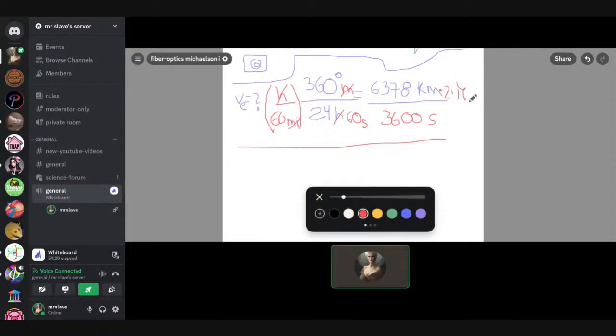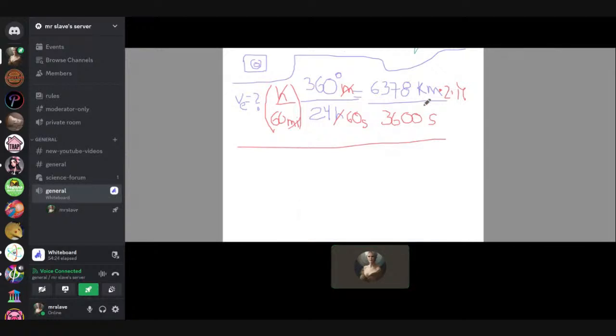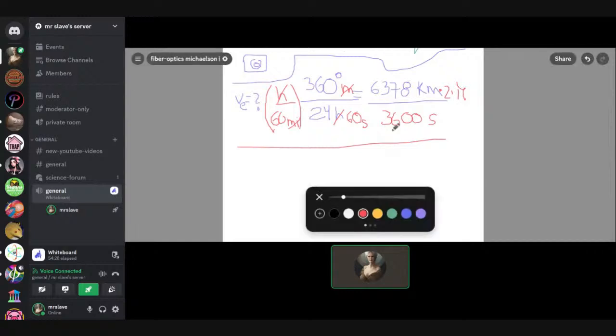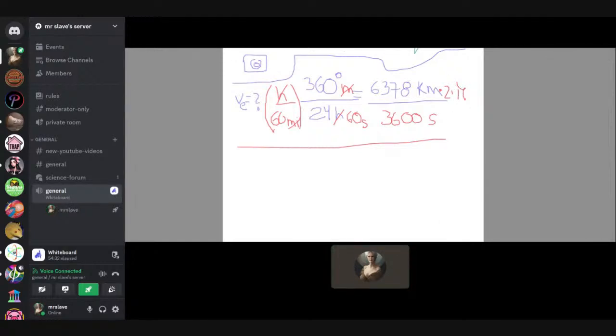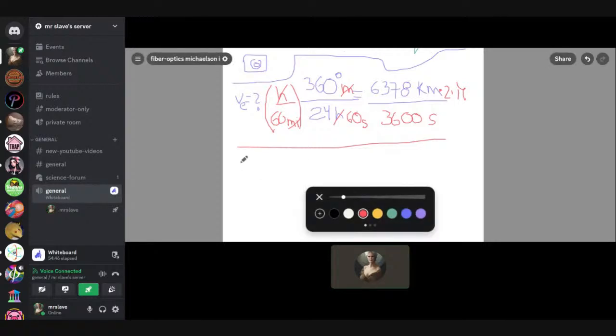All right. So 6 million times 2 is already almost 13 million, times pi. Where is pi? There is pi. So it's equal to a very big number. It's 40 million. Okay, so it's 40 million meters.